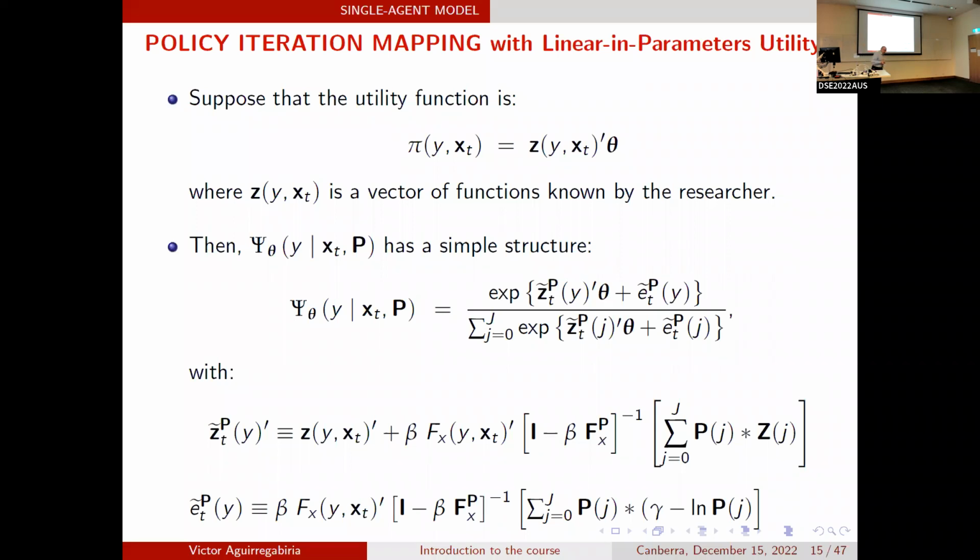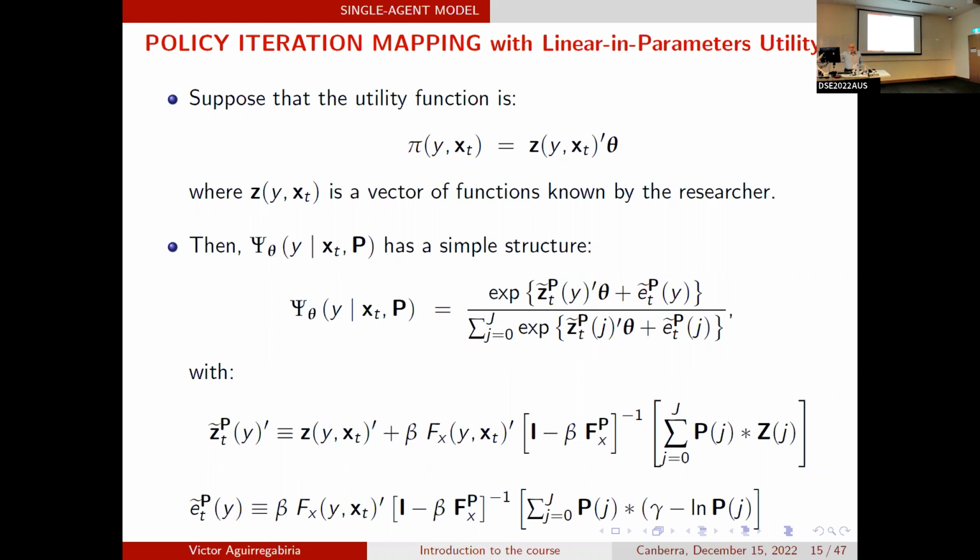Okay. When we have this linear in parameters utility function, and we have this logit model, the best response, the policy iteration mapping has this very simple, and I think intuitive structure that is going to be super important for the implementation of the nested pseudo likelihood.